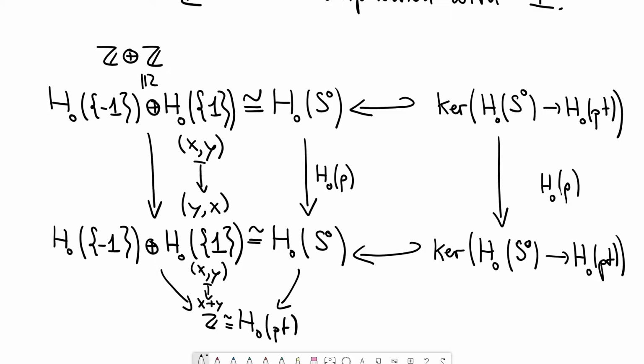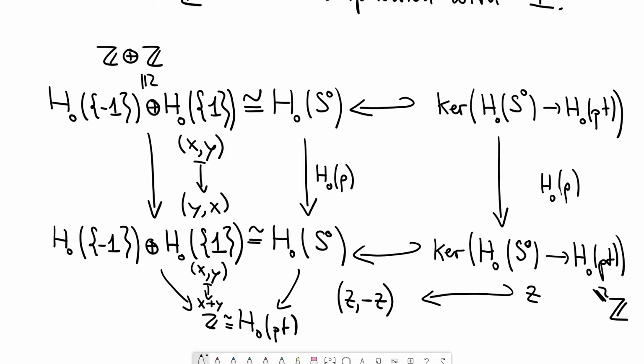So if you write this also as a copy of the integers, then the inclusion map would be taking an element c here to (c, minus c). That would be the map.